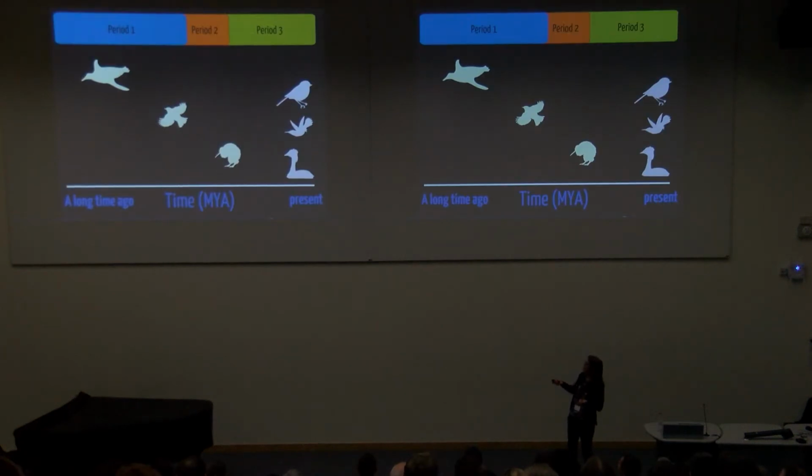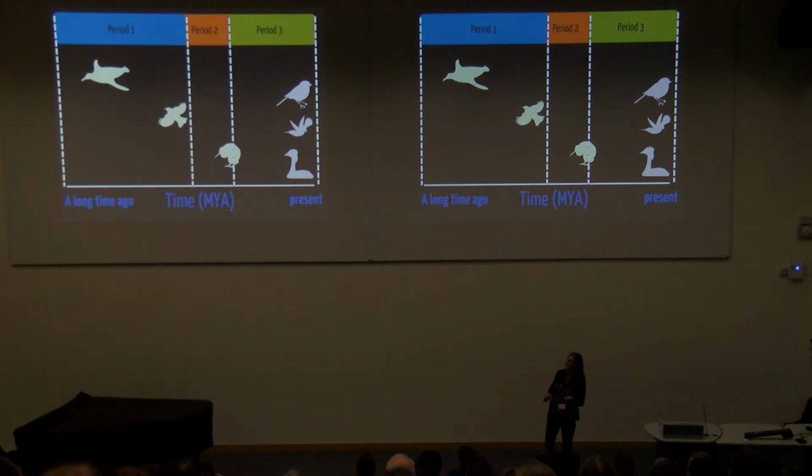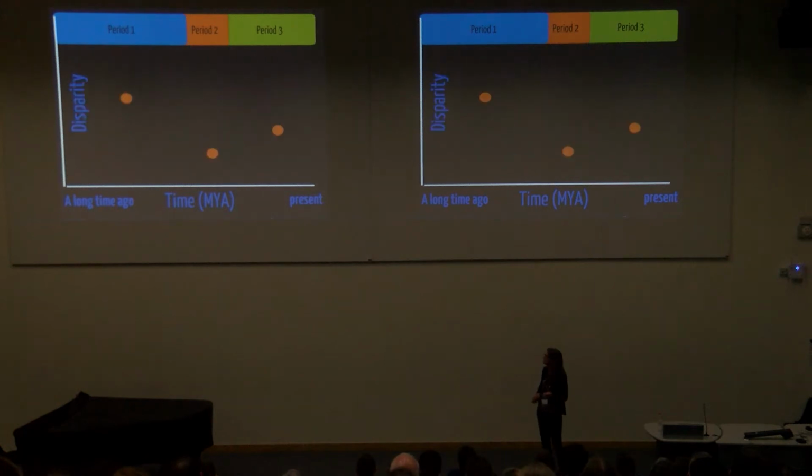And so in that, what we would do is just plot the stratigraphy against our taxa, so our first and last occurrence dates, split it up into those groups, and then we'll have these time bins, or these groupings, these subsamples of species that we're then going to calculate disparity for. So in this case, we'll calculate disparity for the penguin and the thrush, then for the kiwi, and then for these 3 species in period 3.